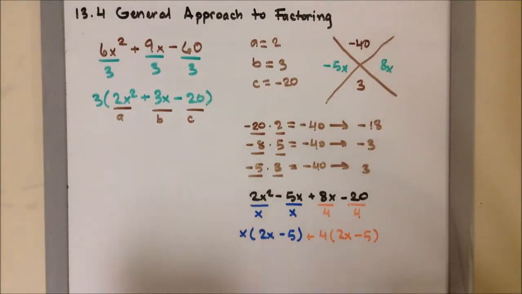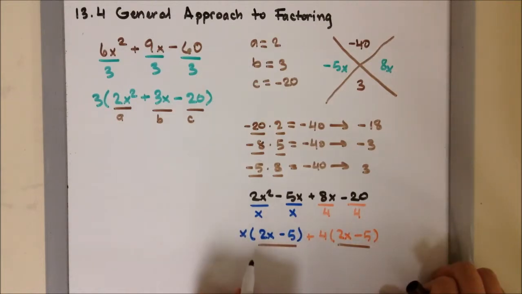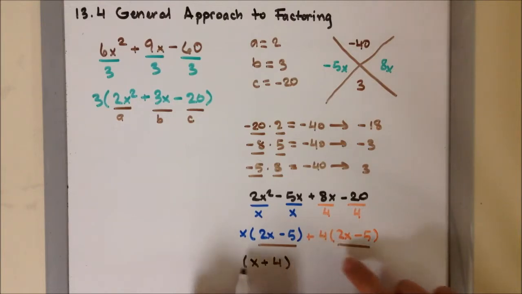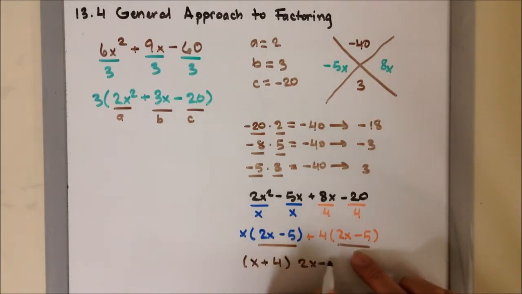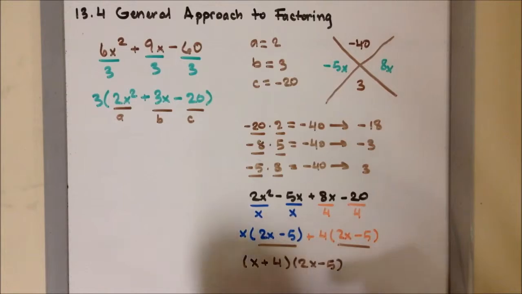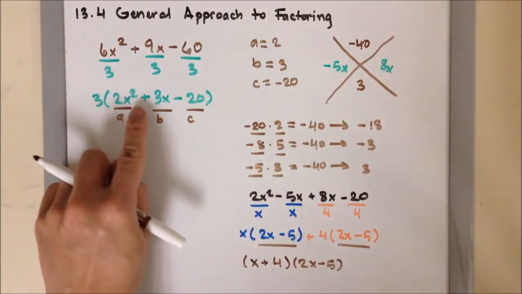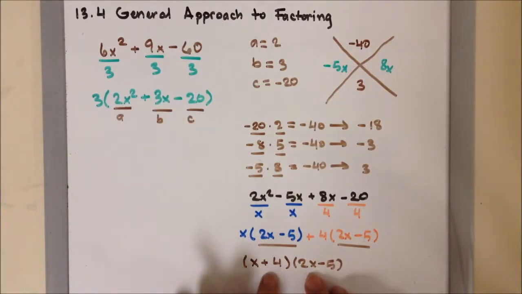These two are exactly the same, same sign. So I'm going to group these two together: x plus 4, in parenthesis, and then 2x minus 5. Now I'm going to bring it back over here. In place of 2x squared plus 3x minus 20, I'm going to put in x plus 4 times 2x minus 5.